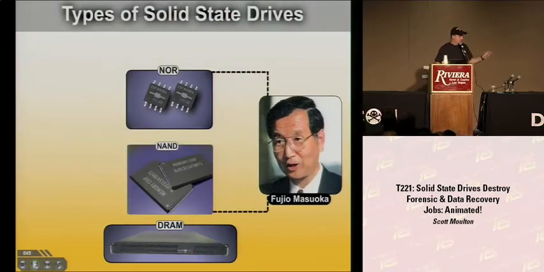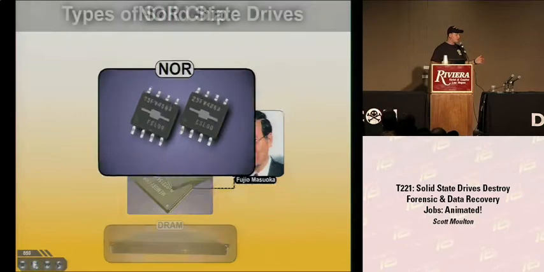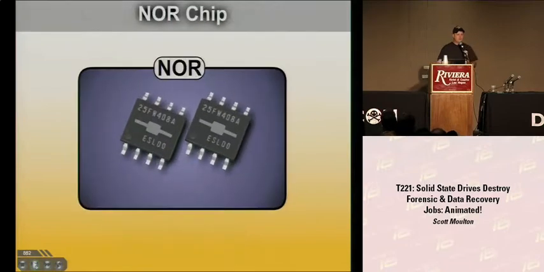Physically, there's two other types, NAND and NOR. And I'm not going to crucify this guy's name, so I'm just going to call him Dr. M. Dr. M has developed both of those types of memory. They've been around since 1984 to 1986. So we're just now starting to use flash, which would be the NAND, as opposed to the NOR chip, because the NOR chip is more what you would see in a BIOS on your motherboard.